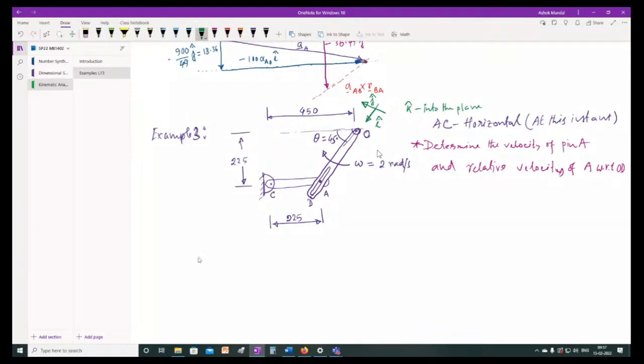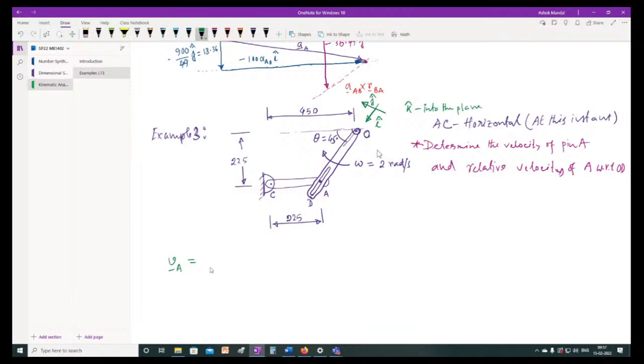Let us now use those equations which we have used earlier also for velocity of point A. Suppose I start from point O. What should I write?